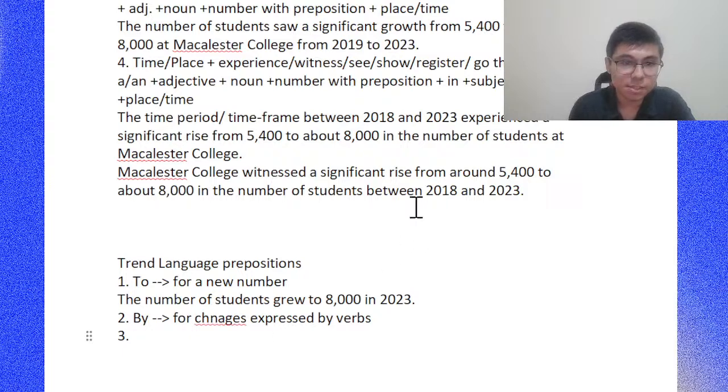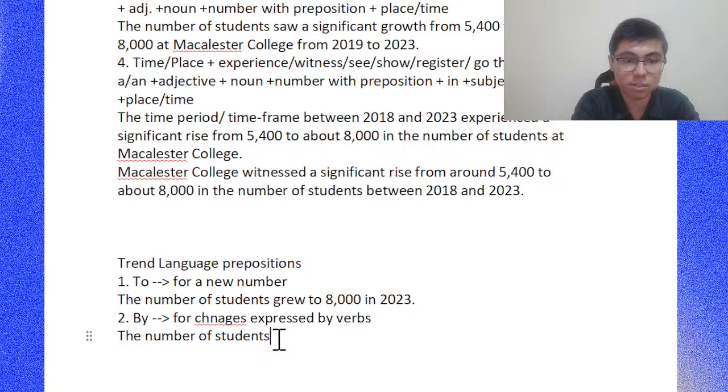For example, in this case, if there was a significant rise from around 5,400 to about 8,000, what we have to do is 8,000 minus 5,400, and we get 2,600, and we can write a sentence like this: the number of students rose by around 2,600.